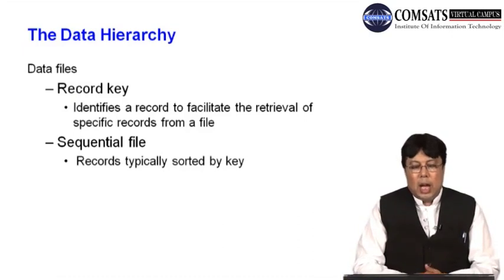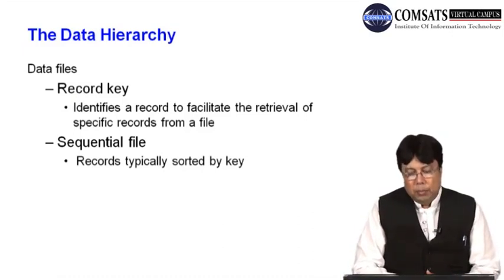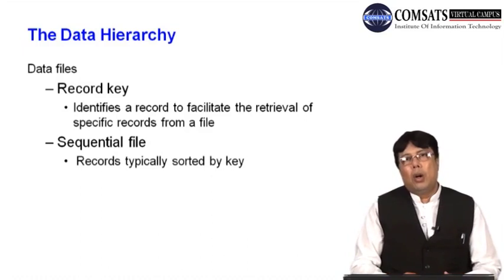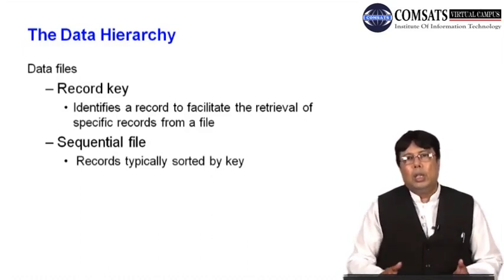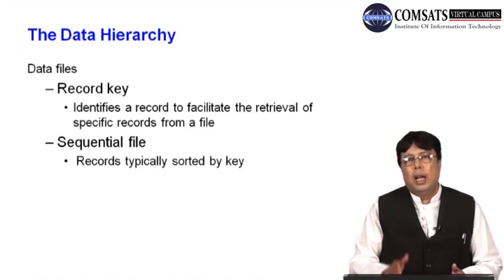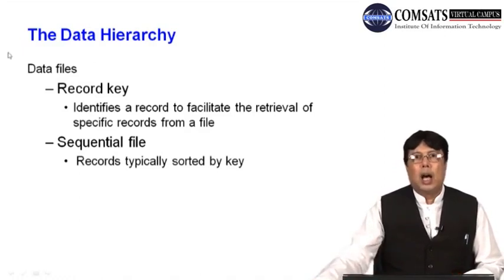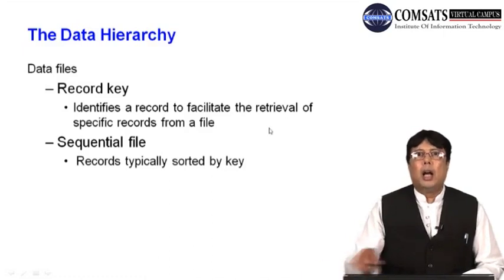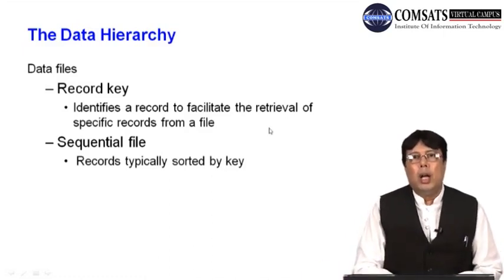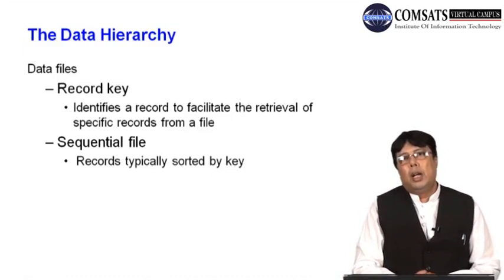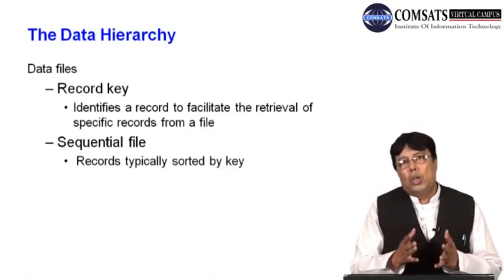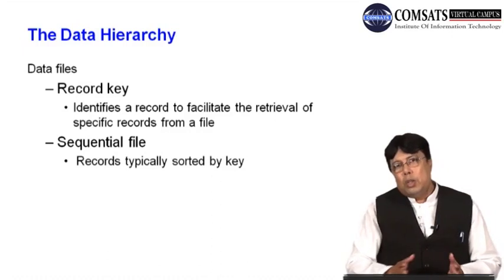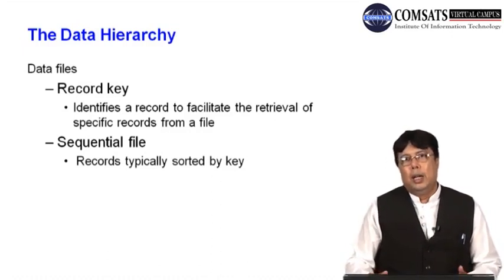Then comes the types of files. If we organize the records one after the other, what does it mean? That we save and archive the records, and then what we want is to decide how these records should be organized together.